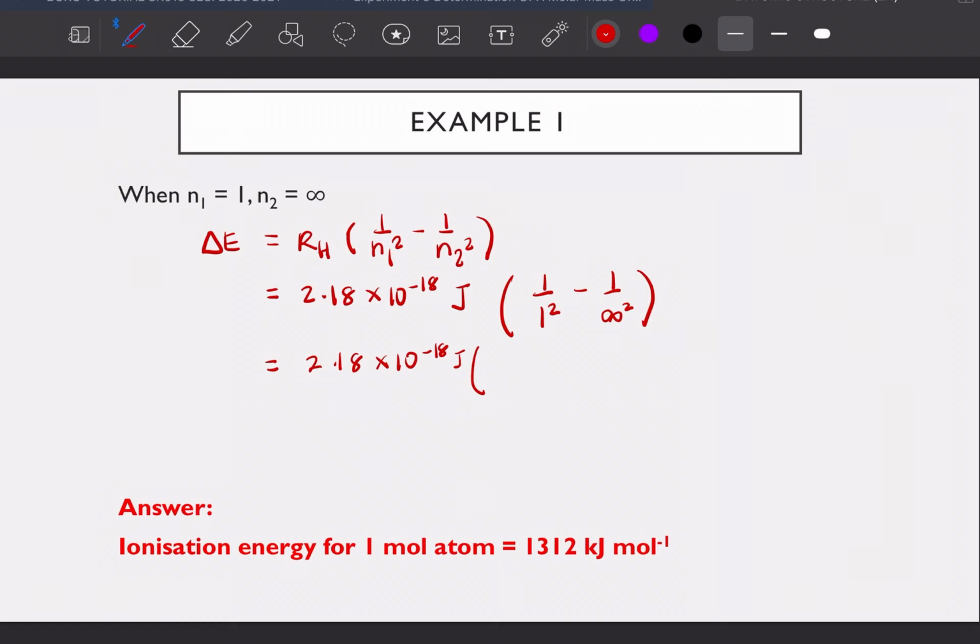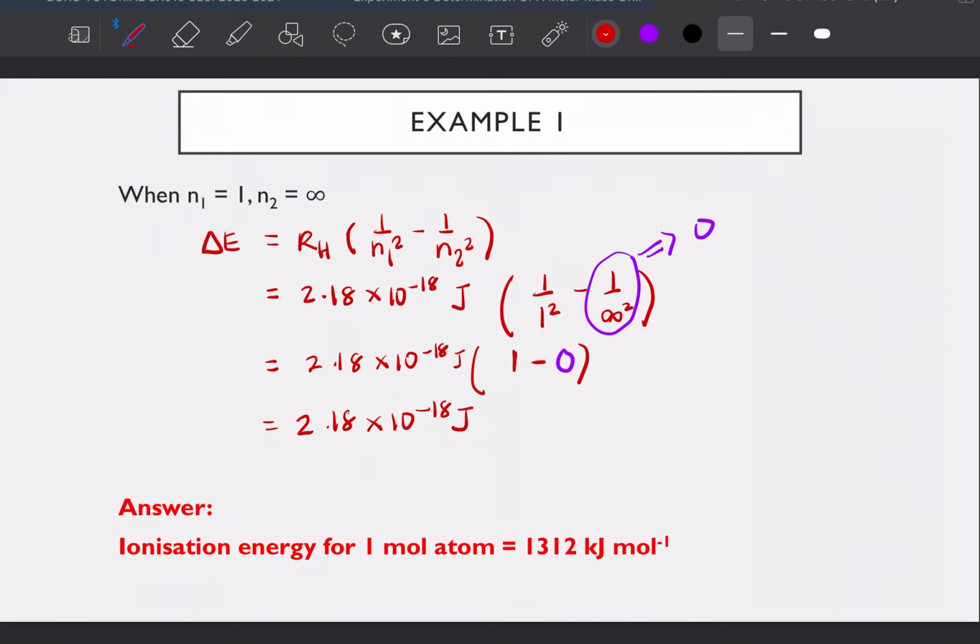Your Rydberg constant bracket 1 over 1 jadi 1 lah, minus 1 over infinity. 1 over infinity will be 0, okay. So this one will be 0. So that means your answer will be 2.18 times 10 negative 18 joule.